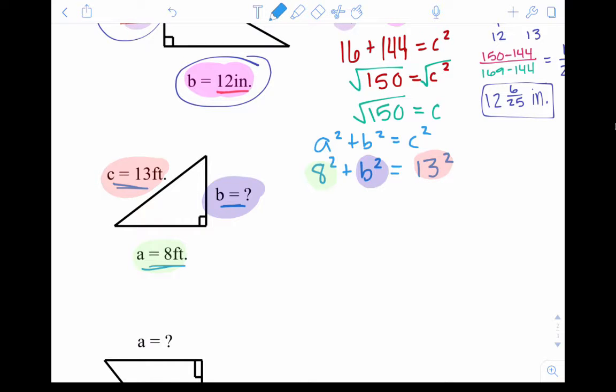All right, so I'm going to continue to solve this through. I have 8 squared, which I know is 64, plus B squared equals 13 squared, which is 169. Now I'm trying to get B squared by itself, so to do that, I need to subtract 64 from both sides.